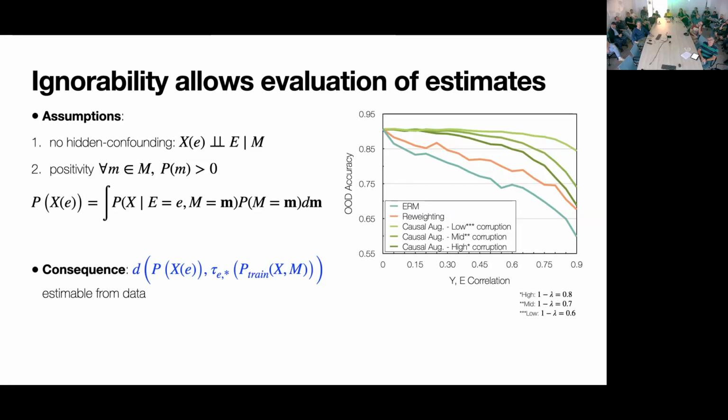And even with a substantial amount of corruption, we still get a better solution than alternative approaches. I'm going to show you why we think this happens, and this will connect to the sample complexity argument.